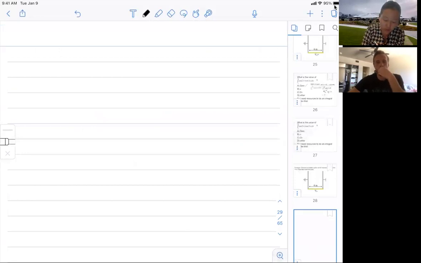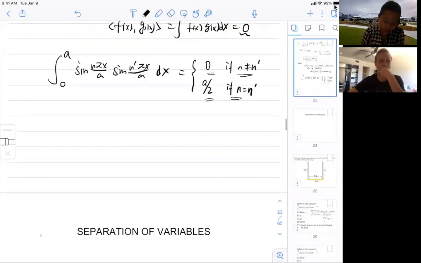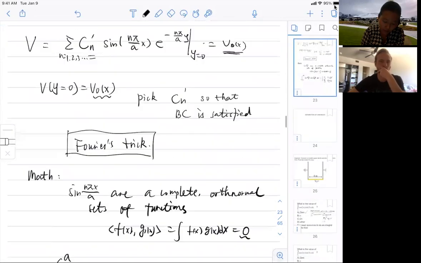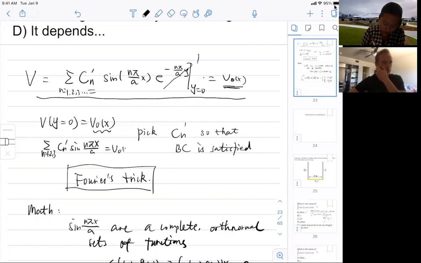Okay, so previously, recall what we got, let's scroll back to see what we have there. Is this, right? So we know what we want to pick for C's of n's. Now y equals 0, this becomes 1, is equal to this particular case.